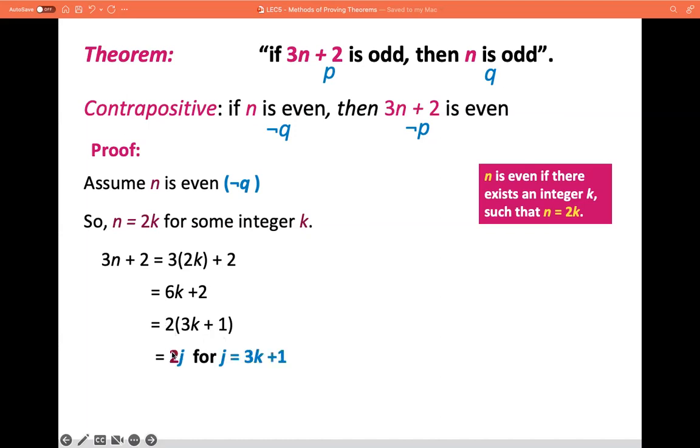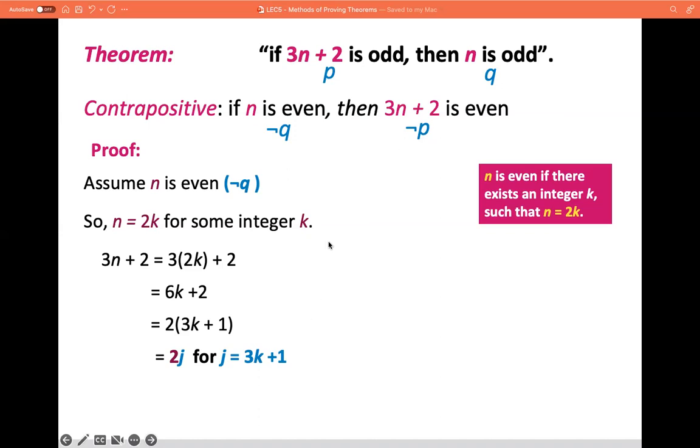And we can rewrite it in the form 2j, for j equal to 3k plus 1. Since 2j has the form of an even number, it has a factor of 2, meaning it is divisible by 2, so it is even. So we can say that 3n plus 2 is indeed even.